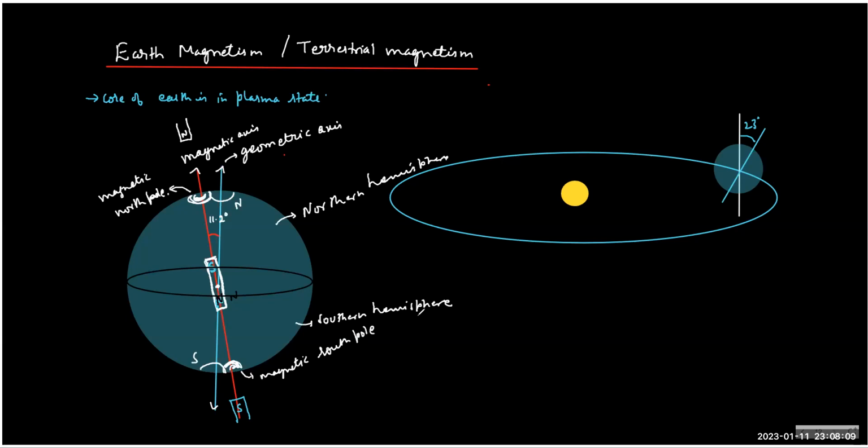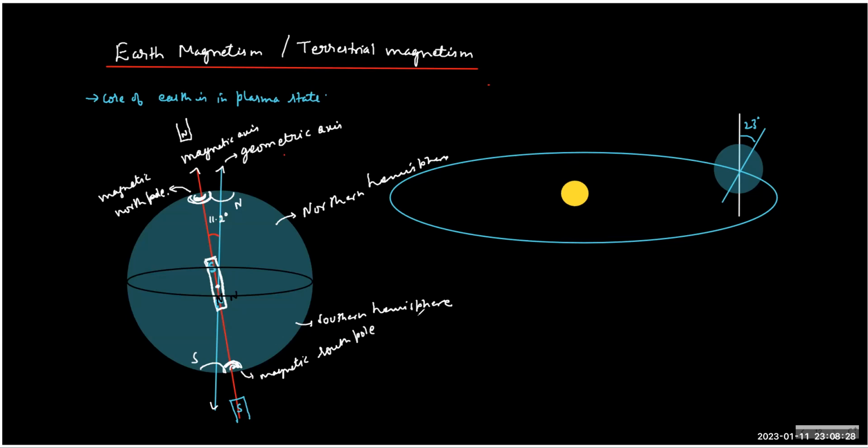What will you do? Sir, the North Pole tilts downwards if we suspend it. Exactly. So if you are in the northern hemisphere, the North Pole will always tilt towards the surface.